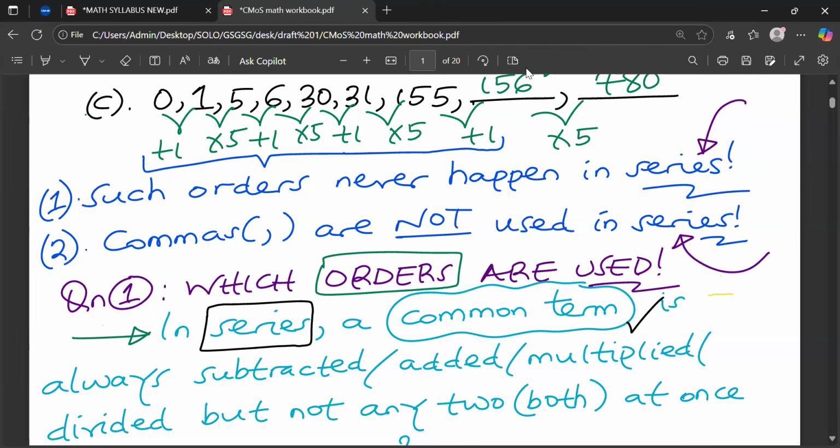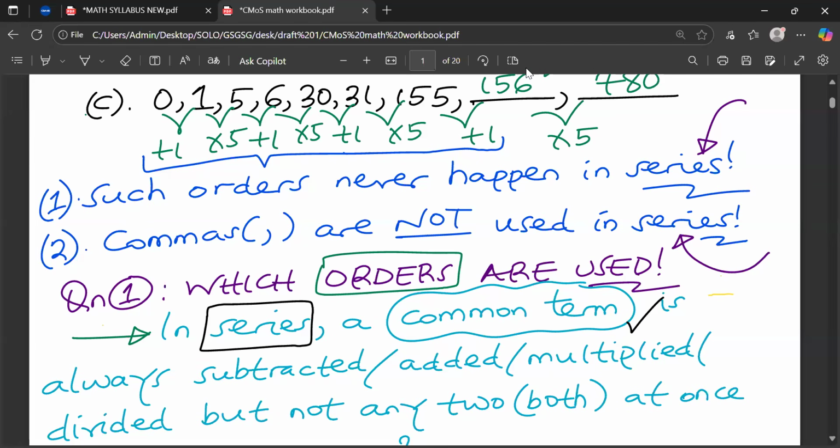A series does not have a 2, a 5, a 10, no. One common term and we are doing the same thing. If it is subtracting throughout, if it is adding throughout, the moment what you're doing changes at some point, it ceases to be a series, it's now just a sequence.